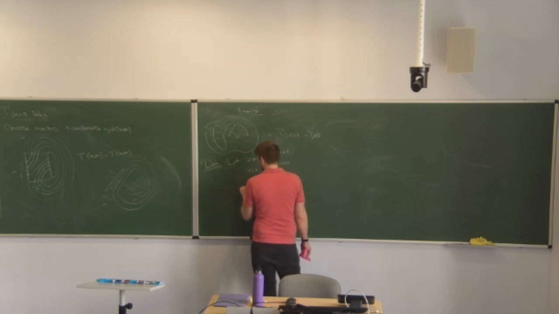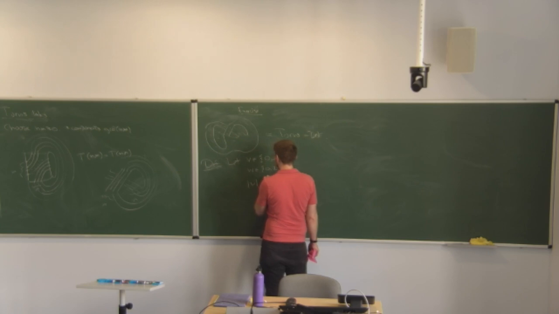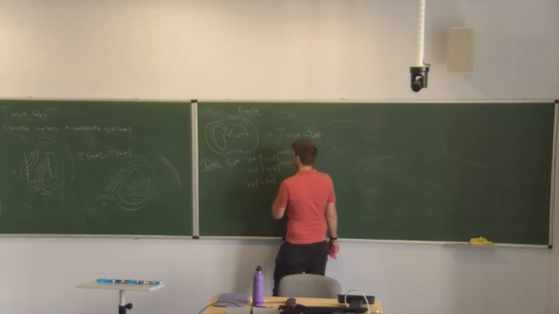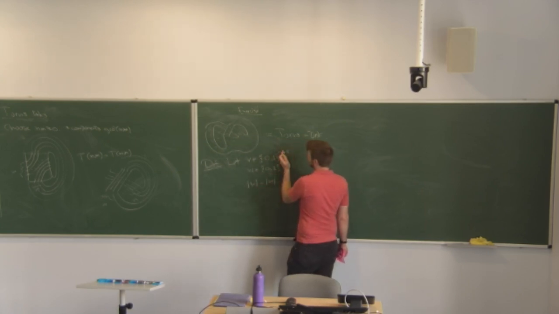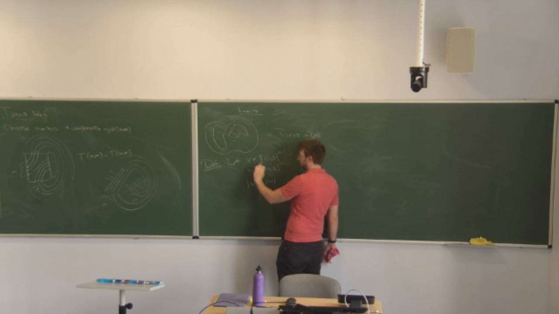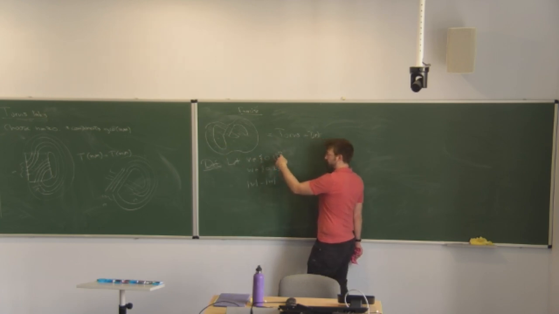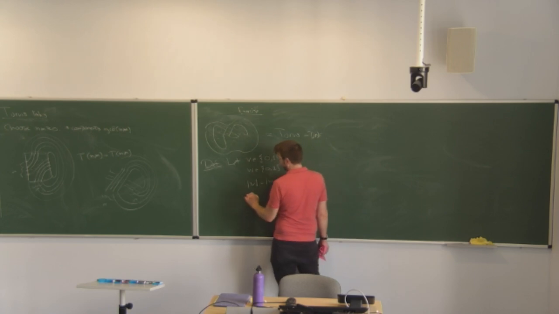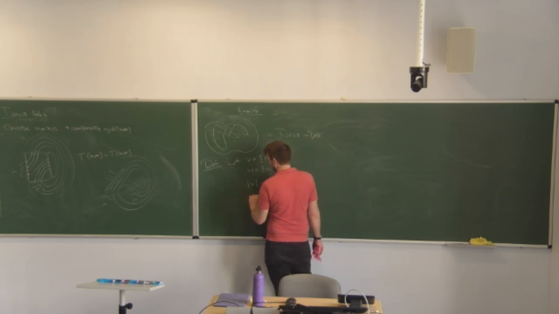Actually, sorry, I don't need that. The lengths of each sequence are unrelated, but I want the number of ones in V and the number of ones in W to be equal. The absolute value sign means the number of ones.